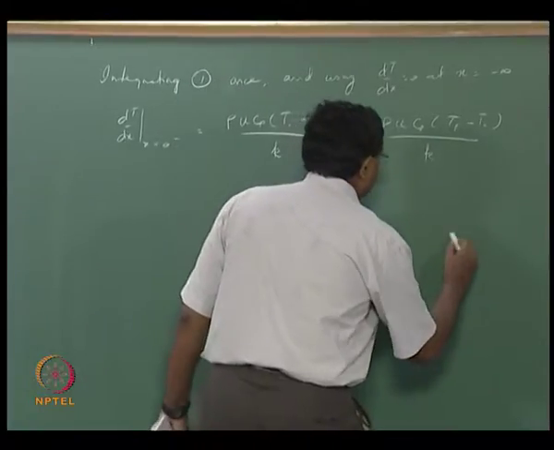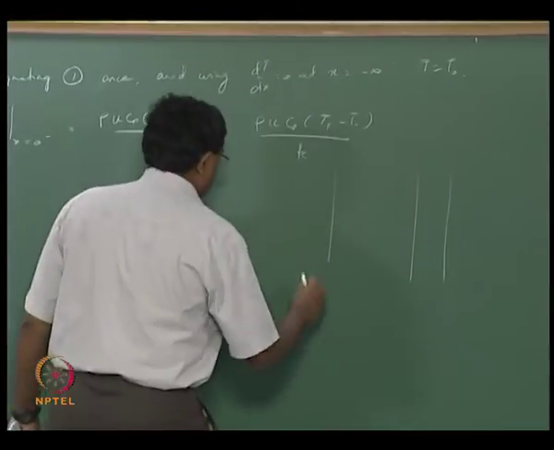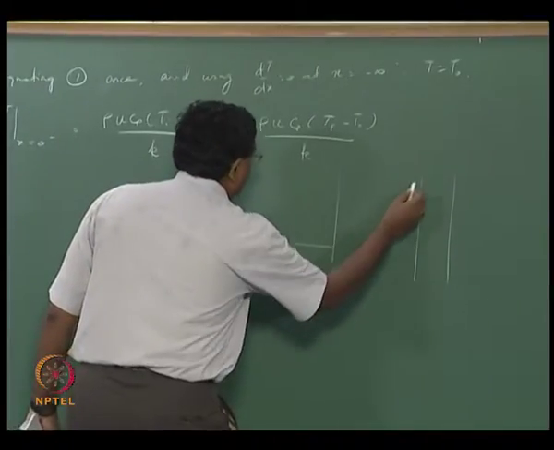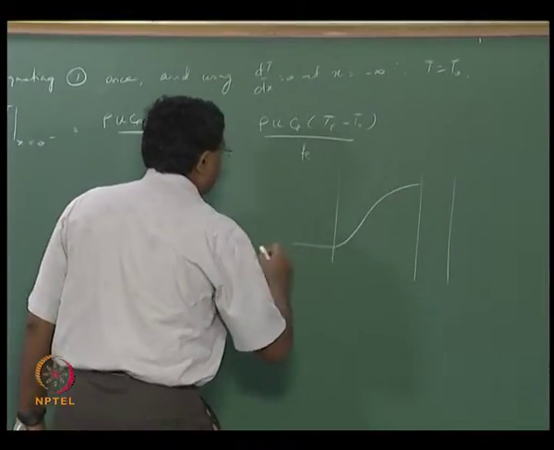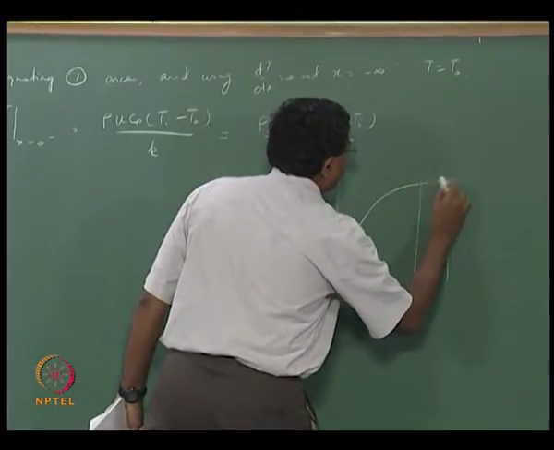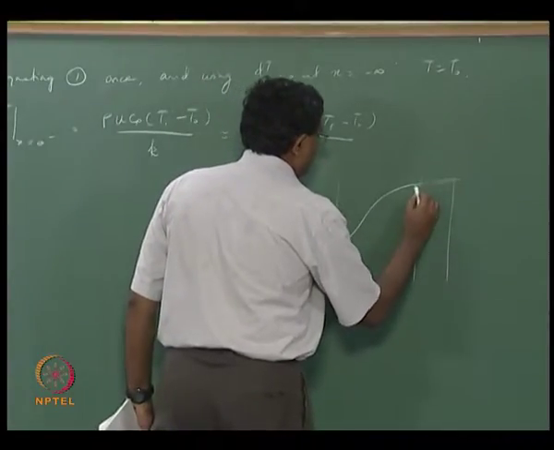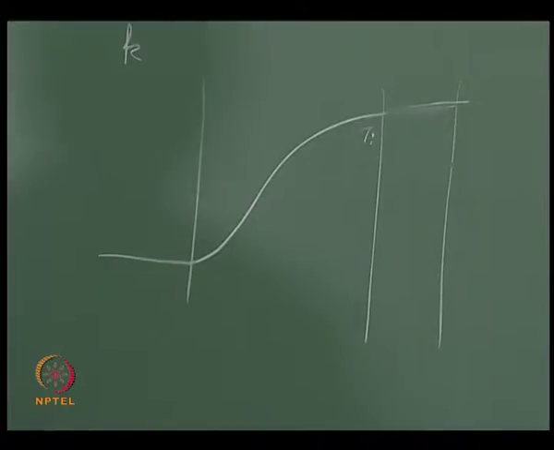So let us look at how Tf departs from Ti. If you now look at the preheat zone and the reaction zone, basically you have the temperature Ti very close to Tf.